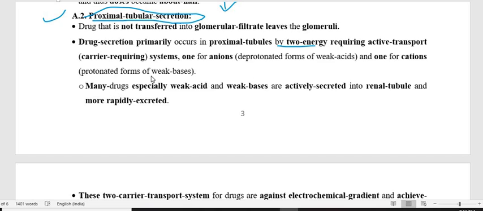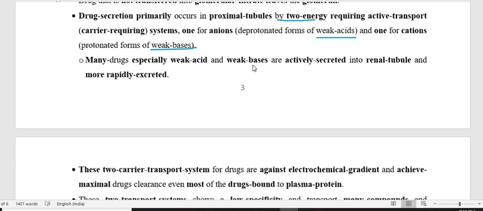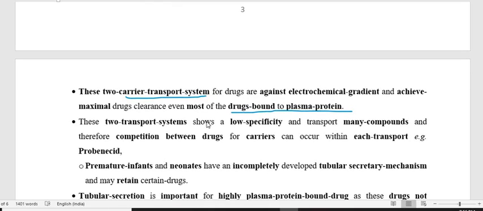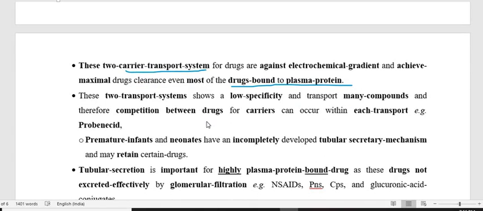Usually weak acids and weak bases are excreted out, and interestingly they are bound with plasma protein, unlike the first process. So the drugs are in bound form with the plasma protein and require the carrier transporter. This is why it is called the carrier transporter system.